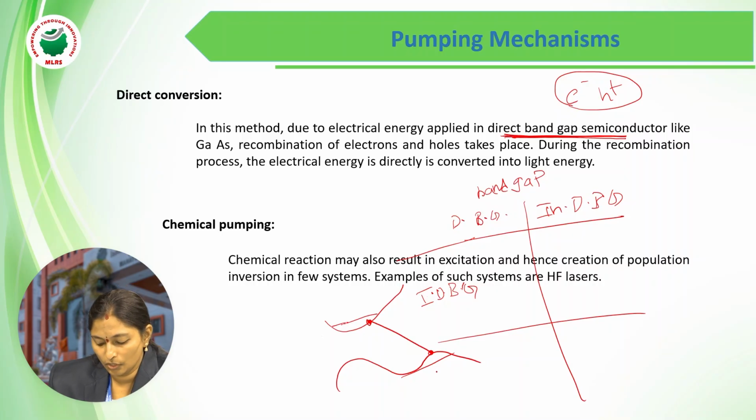That energy is phonon energy. Whereas for direct band gap semiconductors, we use only photon energy. Photon means quantized electromagnetic waves, whereas phonon is also energy but in a different form: quantized lattice vibrations.